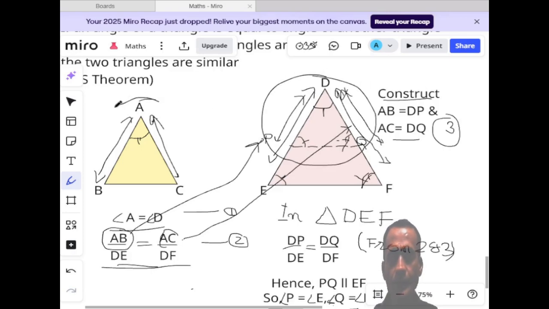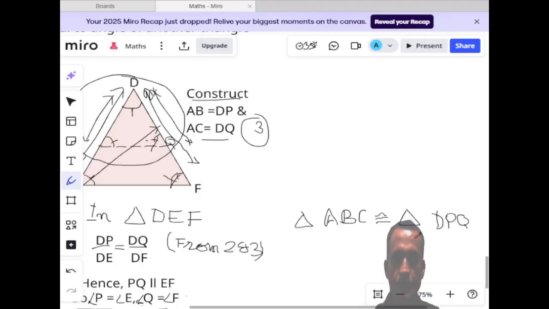By the SAS theorem. Side angle side. These sides and these sides are equal, and the angle subtending these two sides is equal. So triangle ABC is congruent to triangle DPQ.